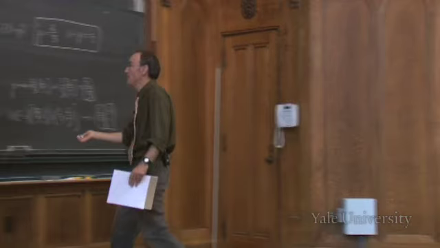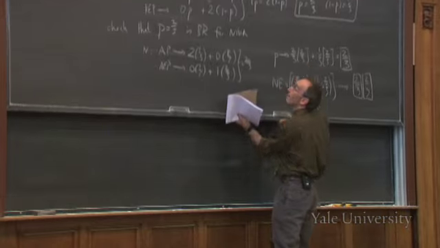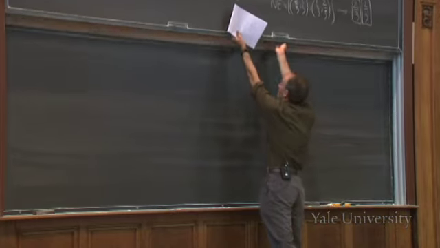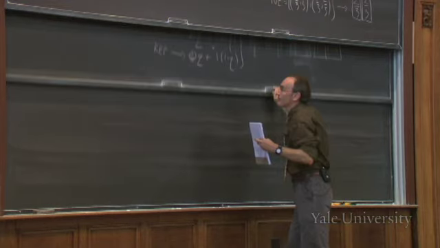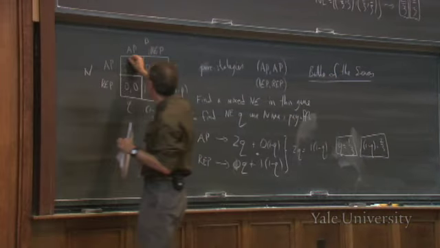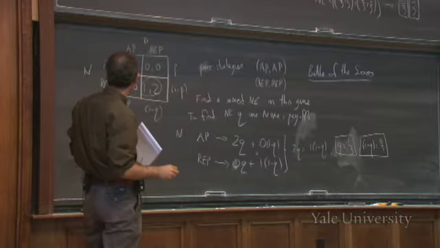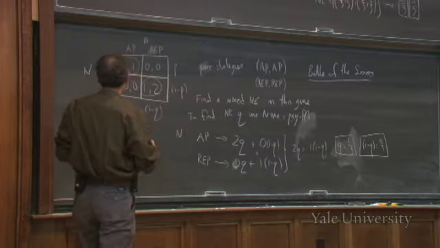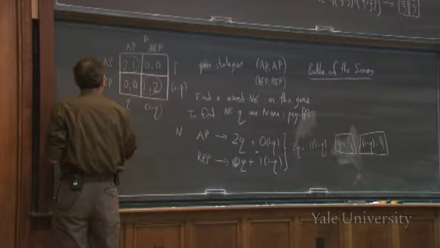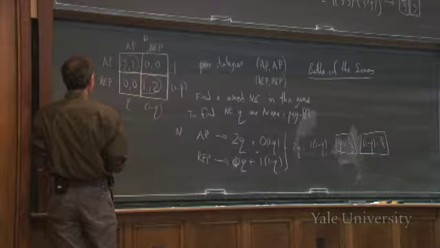Let's have a look. Let's go back to the previous board. Here it is. All right. So they meet when they end up in this box or this box. Is that right? So what's the probability of them ending up in those boxes? Well, ending up in this box is probability 2/3, 1/3.